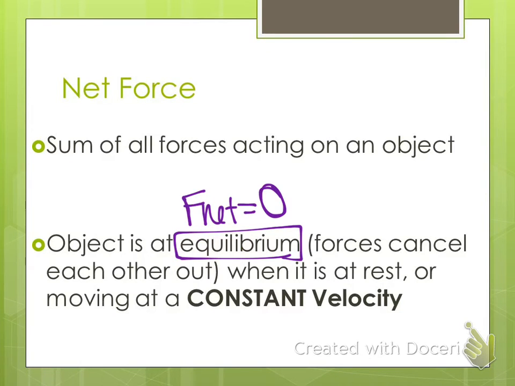When an object is at equilibrium, it's at rest or it's moving at constant velocity. It has a net force of 0. That's a really, really important concept for you to understand here. When an object is moving at constant velocity or is at rest, we've got a net force equal to 0.